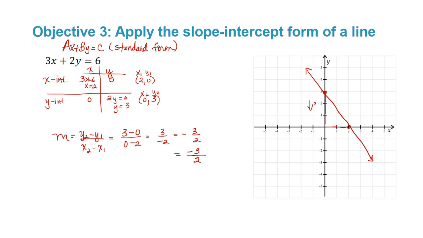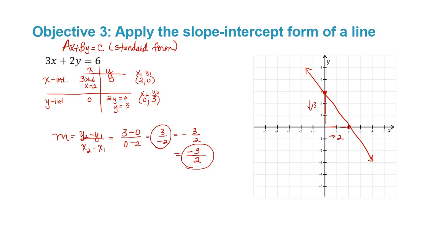That is exactly what our slope indicates. A negative in the numerator indicates that it's going to rise downward, and the positive 2 means we're going to run to the right. Now actually, this 3 divided by negative 2 means I could go up 3 units and left 2 to get to another point on the graph of the line. Any equivalent form of that fraction will give us the same slope.